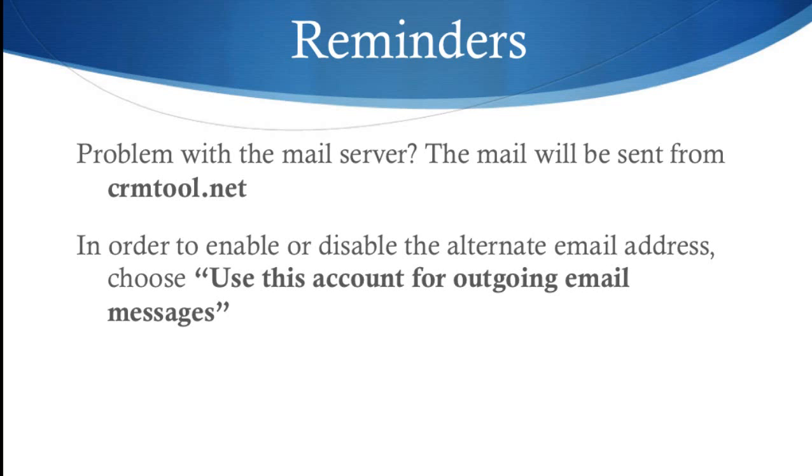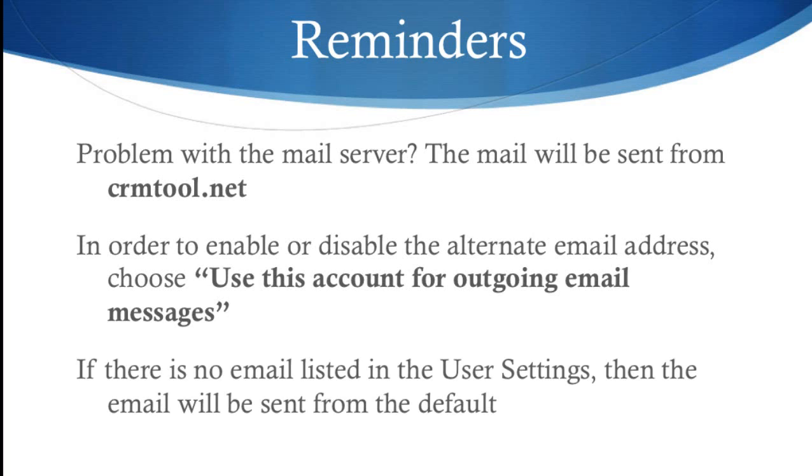If you do not click this box, this email will not be set. And finally, if there is no email listed in the user settings, then the email will be sent from the default. And we just set the default as your alternate email. And that's all you need to know for setting up your alternate email account.